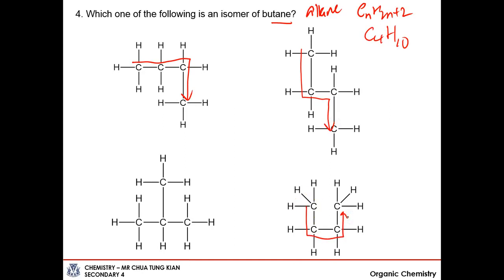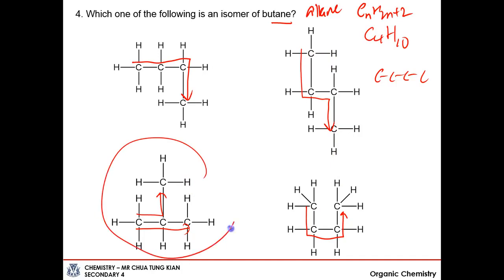So basically these are just the 4 carbon straight chain butane molecule drawn in a different way. Next one, 1, 2, 3, or 1, 2, 3. This is a different form of these three similar compounds here. So this is the isomer of butane. It is also C4H10, same molecular formula, different structural formula. Okay.